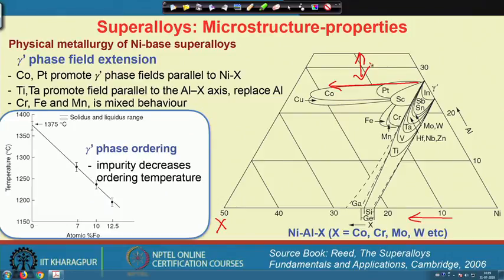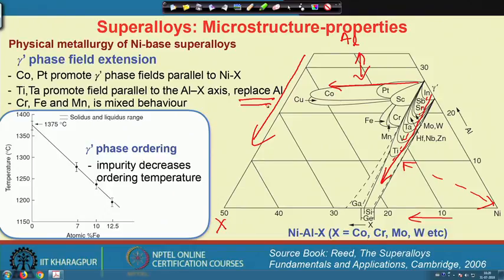Now, if we look at titanium and tantalum, this set of elements expands the gamma prime phase field towards the aluminum X axis. So, here this is the aluminum and X axis. What does it mean? That nickel remains constant. So, if we add indium, tin, tantalum, vanadium and titanium, they will replace aluminum. This is a very straightforward matter.